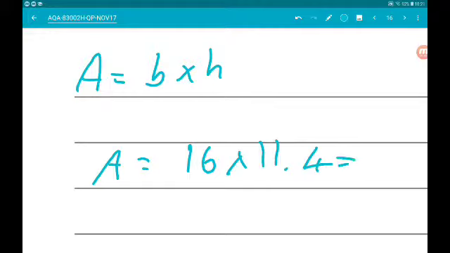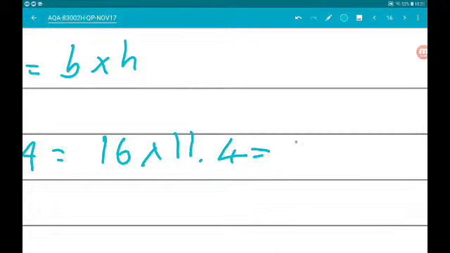And that is going to give us 182.6 centimeters squared. Again, that formula is in my formula sheet, which you can get to in the video and the PDF down below.